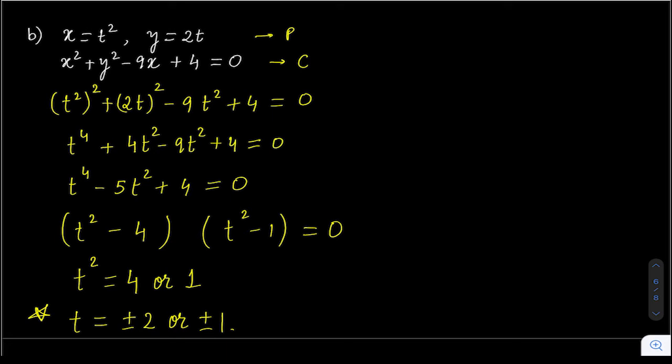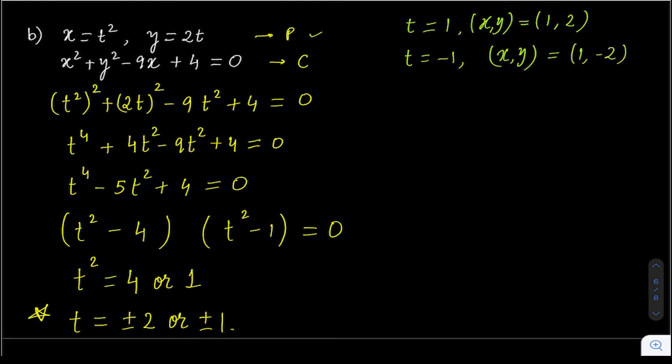So let's find them one by one. When t is 1, what is the value of x, y? From the parametric equation, x, y will be 1 comma 2. When t is minus 1, again it is 1 comma minus 2.